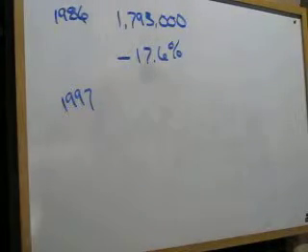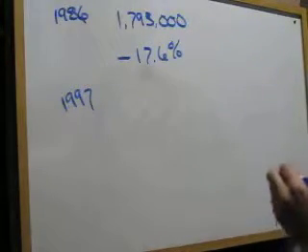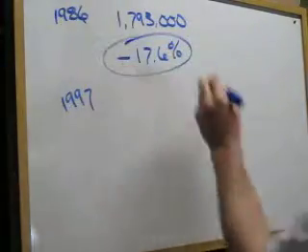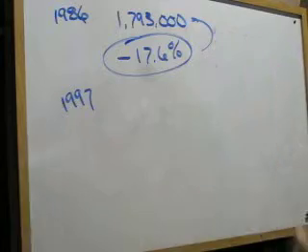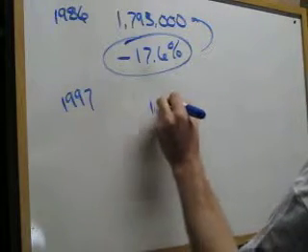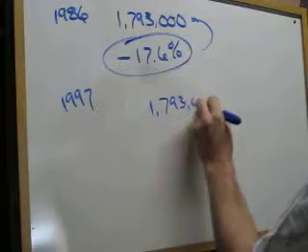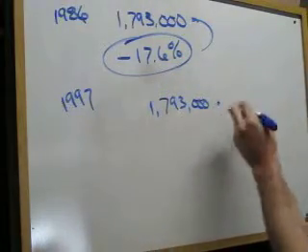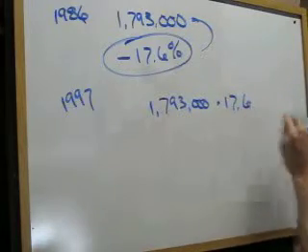So in order to do that, I need to first of all find out what 17.6% of this number is. So what I'm going to do is take 1,793,000. 17.6% of means multiply.